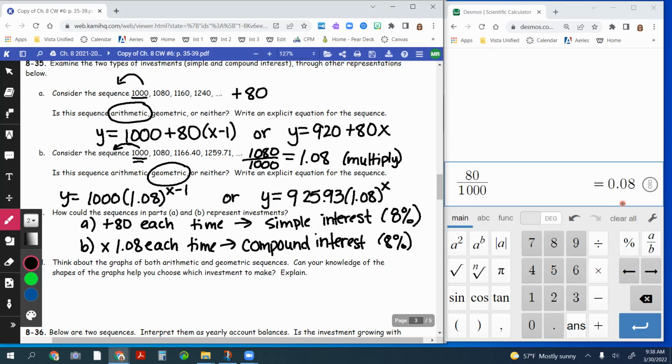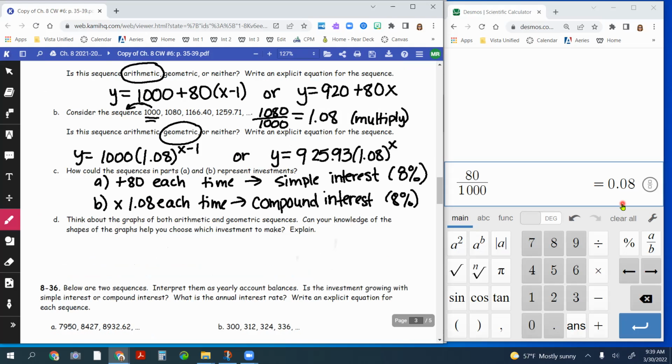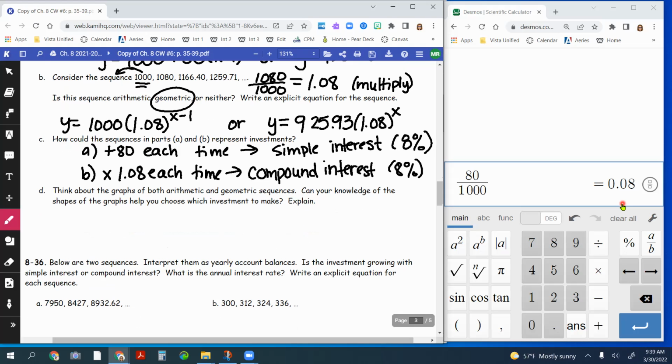Think about the graphs of both arithmetic and geometric sequences. Can your knowledge of the shapes of the graphs help you choose which investment to make? So if I was to draw these, A is going to be linear.